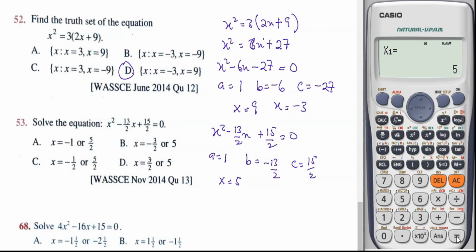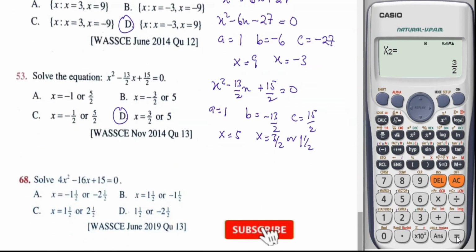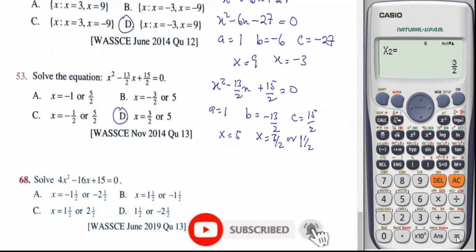and the other x value is equal to 3 on 2, or you can write it as one whole number 1 on 2. So looking at the possible answers, we have x equal to 5 or x equal to 3 on 2, which is actually possible answer D. Now to the last question, solve 4x squared minus 16x plus 15 equal to 0.